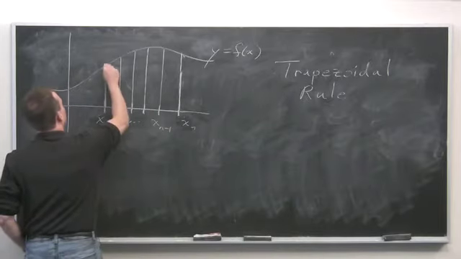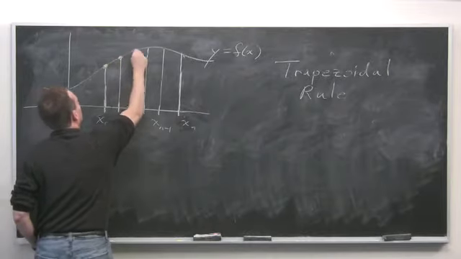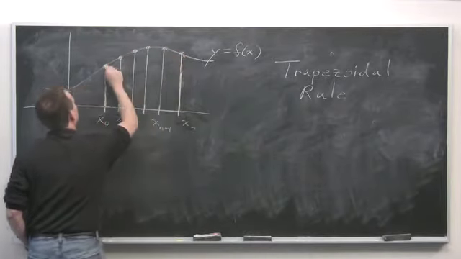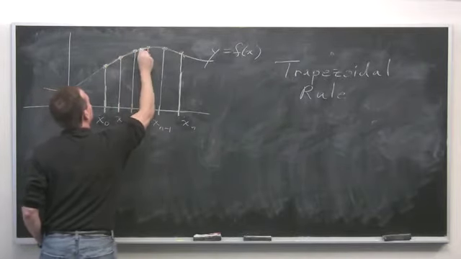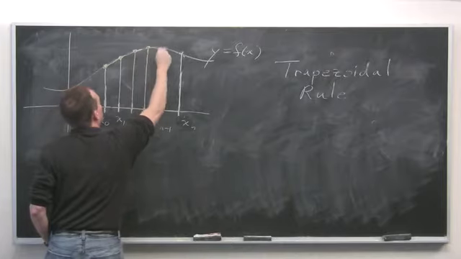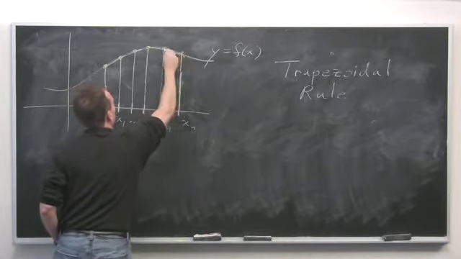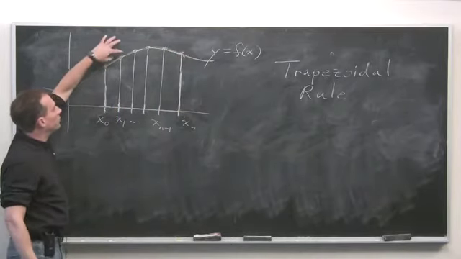What does it do? In the trapezoidal rule, you look at these points determined by the endpoints of the subintervals, and you connect them with lines. So what this means is between these x-coordinates, or the points that you get from these x-coordinates, you're approximating the curve with little line segments.